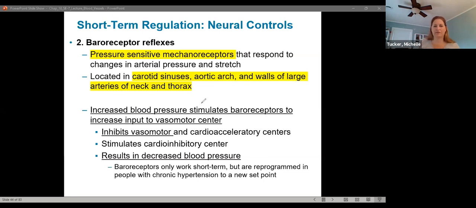So increased blood pressure stimulates these baroreceptors. It stretches them, and it's going to cause them to increase their rate of action potentials to the cardioacceleratory and the cardioinhibitory centers.